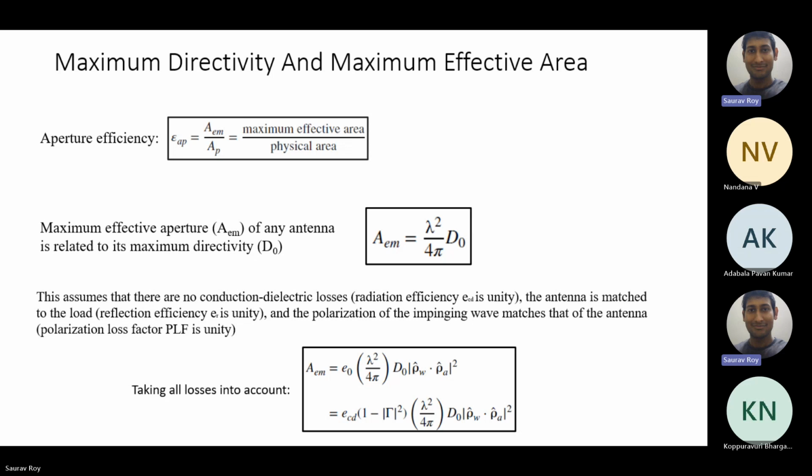If you take all these three into account, then the maximum effective aperture area will be given by this equation. But generally, we take the previous equation only. In some cases, you have to take the more general one.